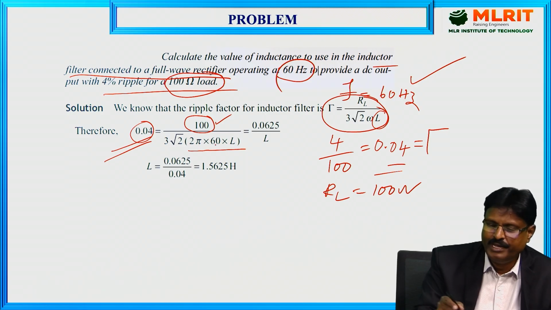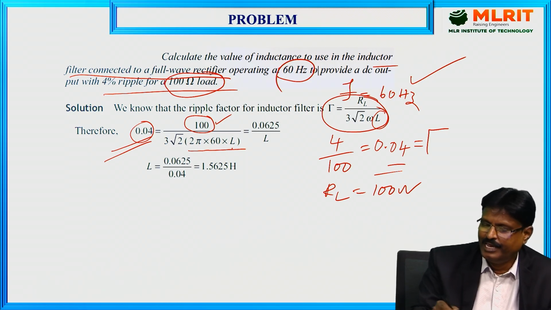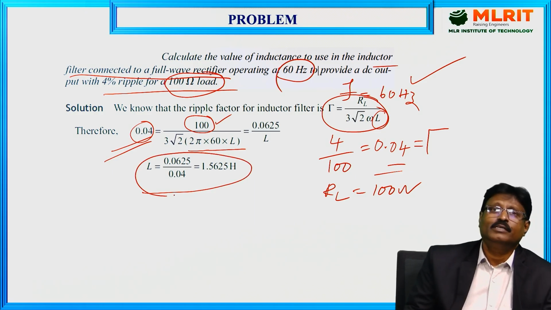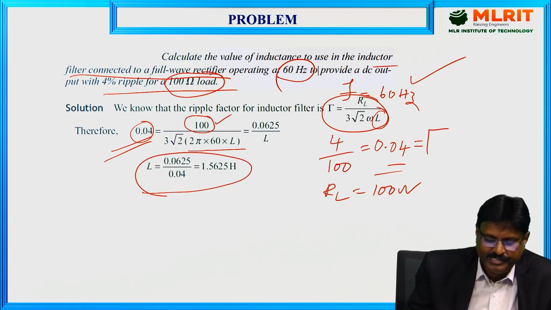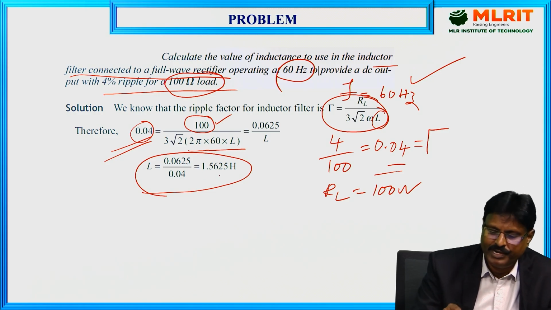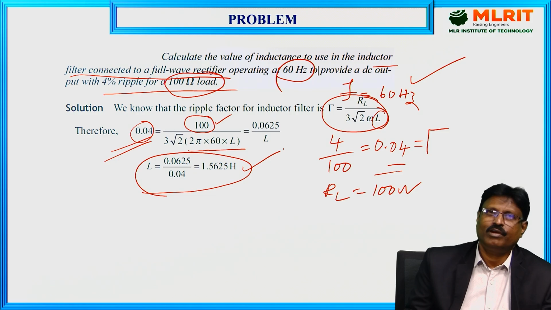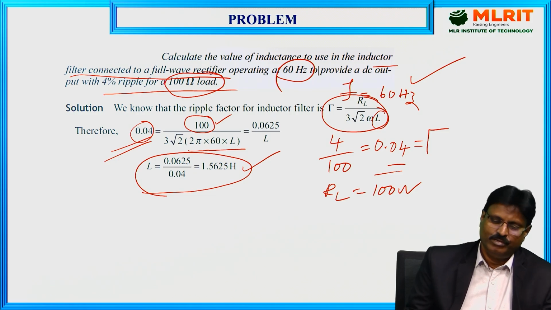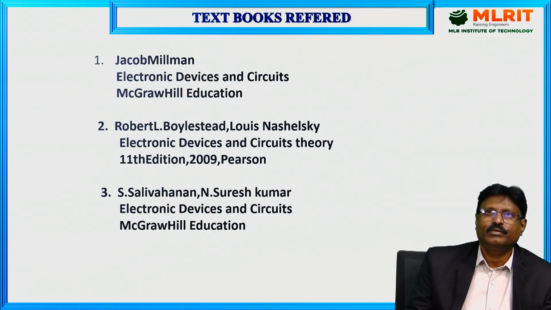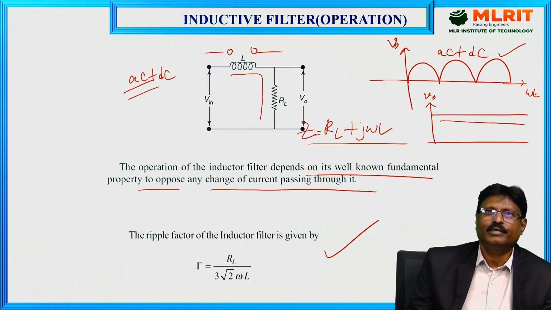So 2 pi into f, that is 60 Hz, into L. So L will be evaluated like this: L is equal to 0.0625 by 0.04. You will be getting 1.5625 henries. The unit of inductance is henries. In this way the problems may be asked based on the ripple factor. So this is about the ripple factor.